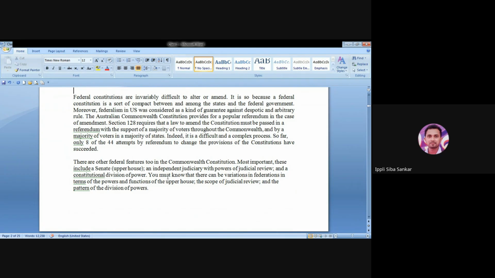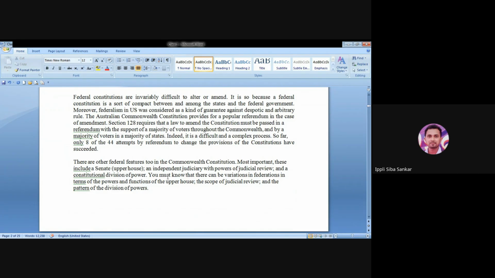I hope you got what I want to say. The procedure of amending the Constitution means it must be passed by the people, it must be supported by the people, and for this, the procedure of referendum was introduced. I hope you know the meaning of referendum. Referendum means to take the view of the people as well as the view of the different colonies.